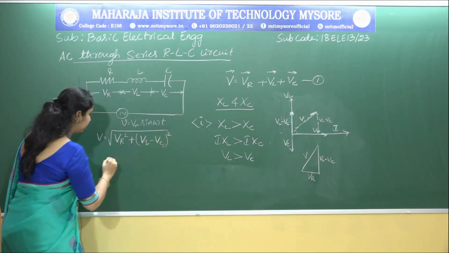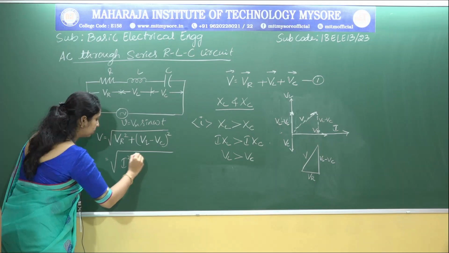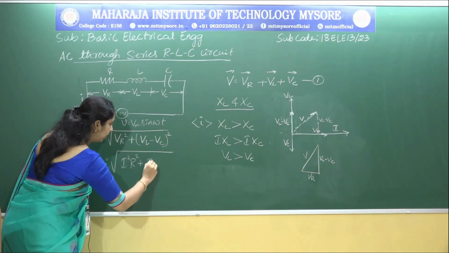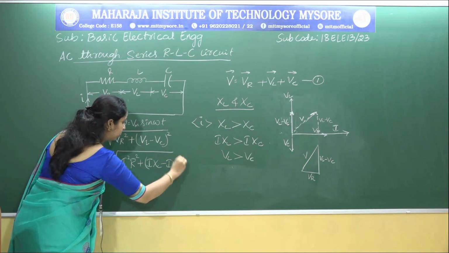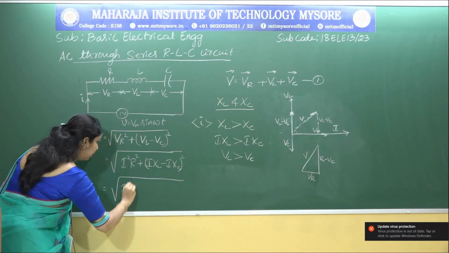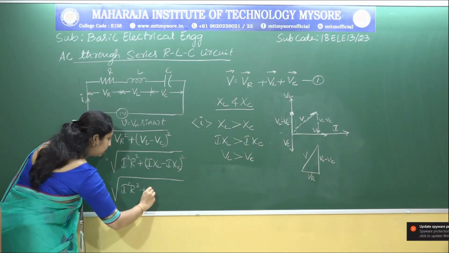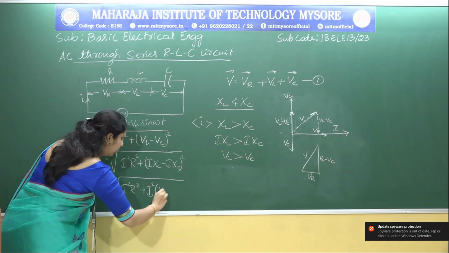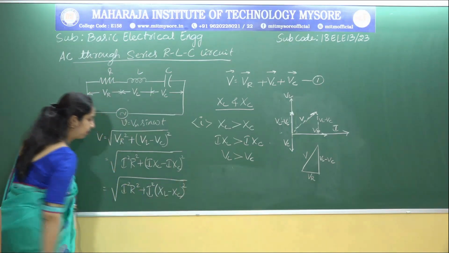Now you can expand this equation: that is I square into R square, or IR whole square, plus I into XL minus I into XC whole square. So here I square into R square plus, taking I square common, XL minus XC whole square.